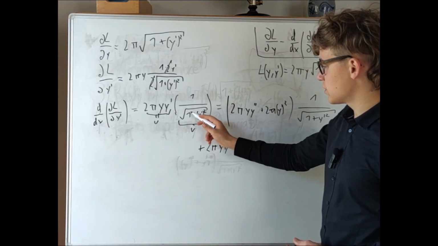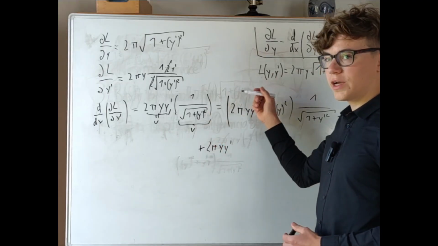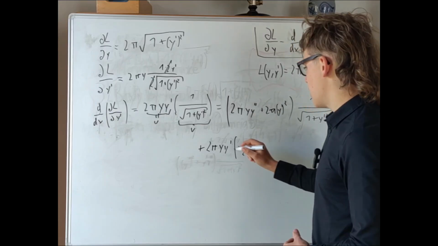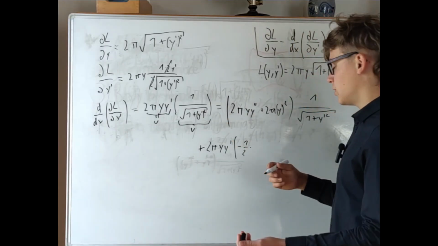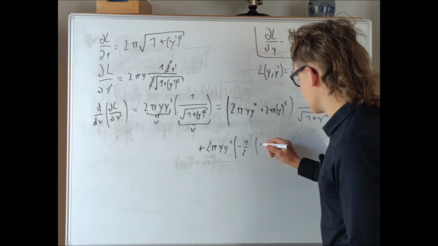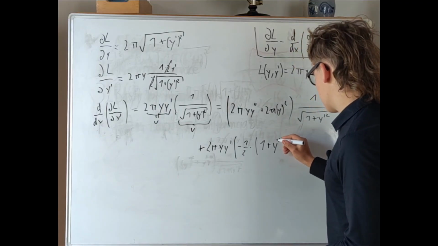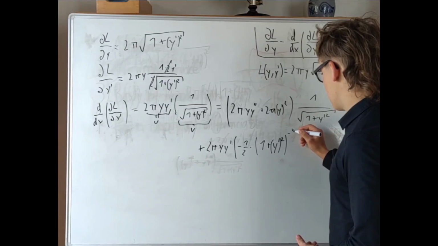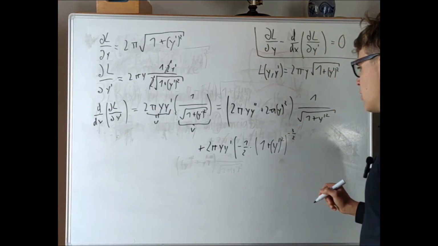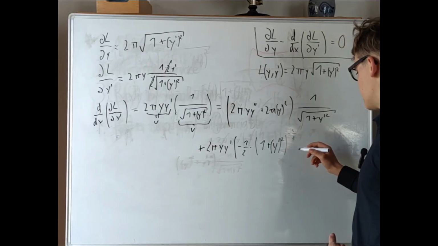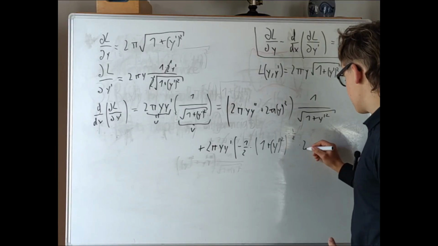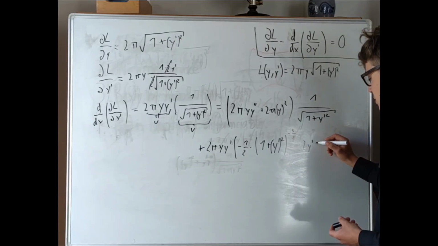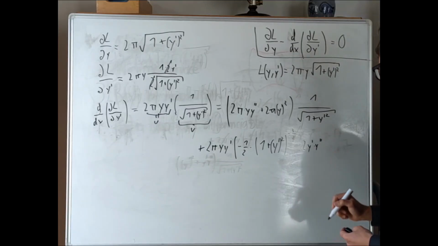So keep in mind this is just the bottom to the power of negative 1/2, so we can just pull out the exponent, so that's negative 1/2. And then we differentiate that, so we subtract 1 from the exponent, so this is 1 plus y prime squared, and then we raise to the negative 3 over 2. And of course we have to differentiate the inside again, this is times 2y prime, and then because we differentiate in terms of x, we need to multiply by y double prime.